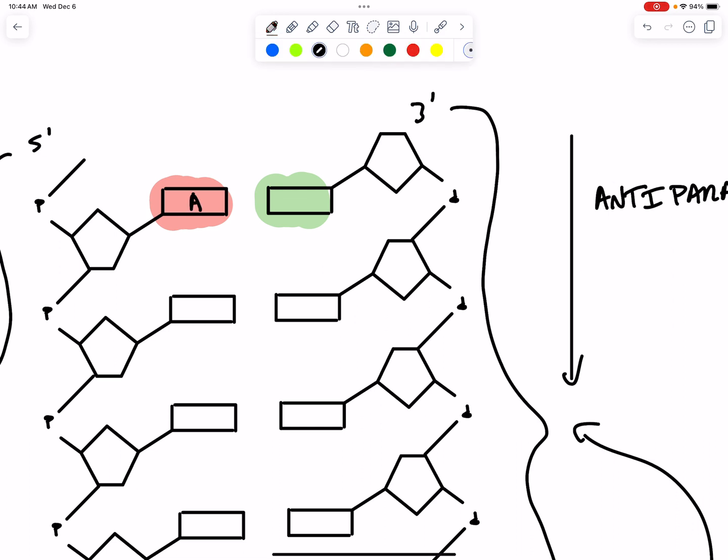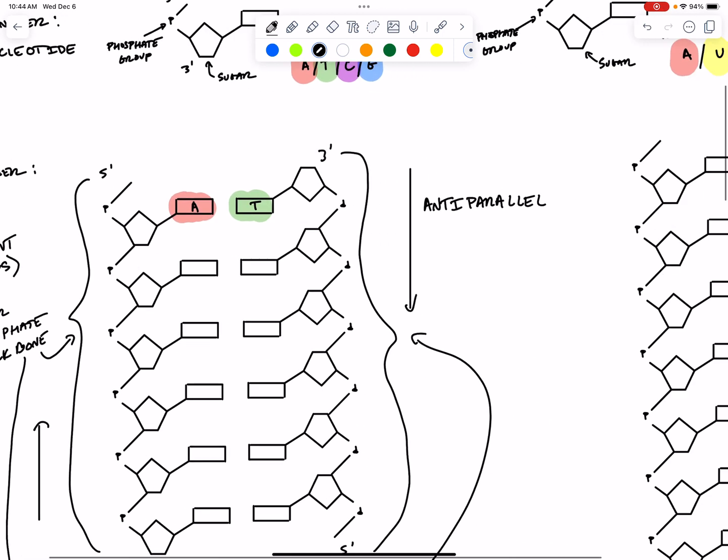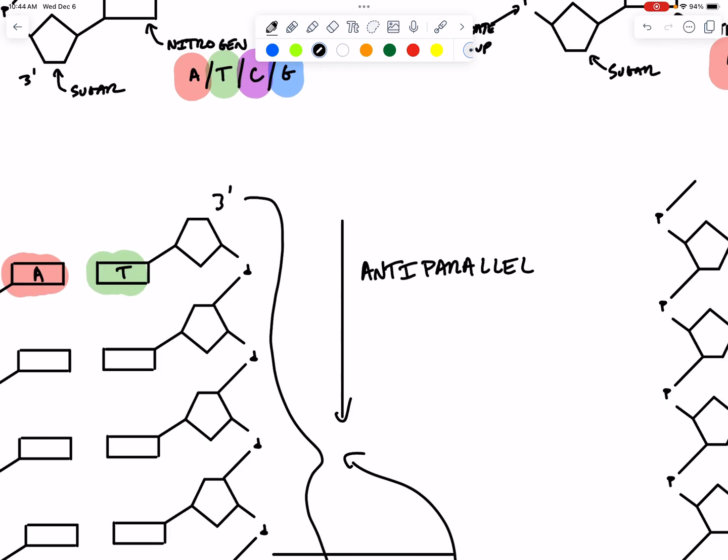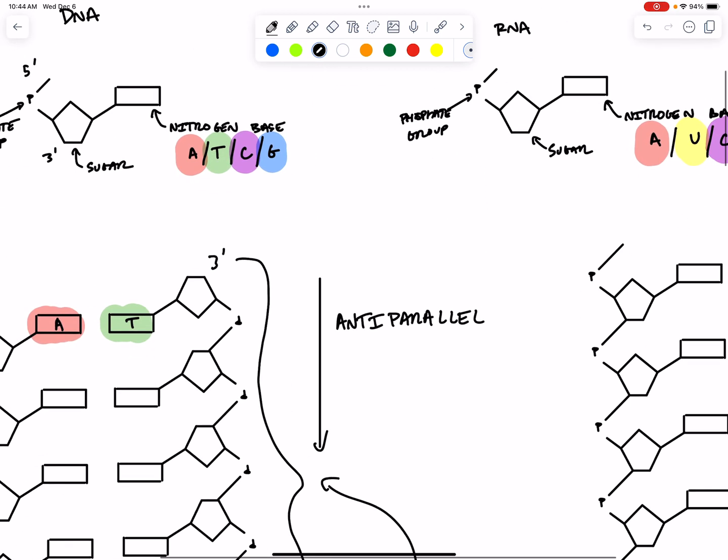So DNA, in addition to running antiparallel, has a very specific pattern of binding. In a DNA molecule, if you look across from one side of the strand to the other, you'll see that A binds to T, and vice versa.